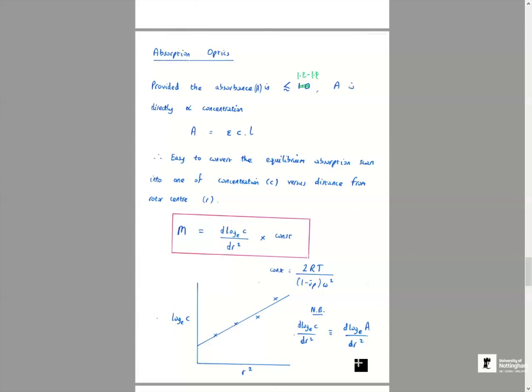Or actually another option. Success. Nice.